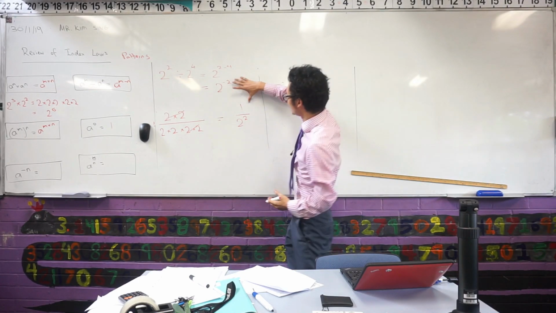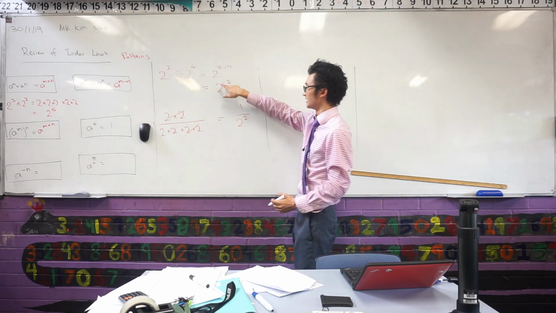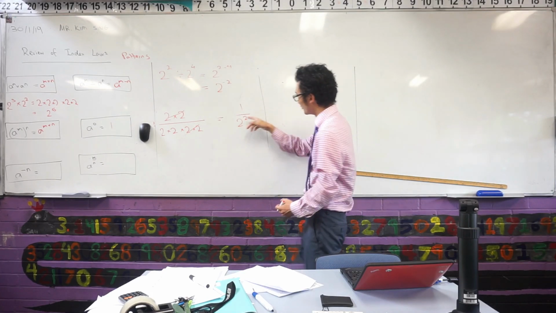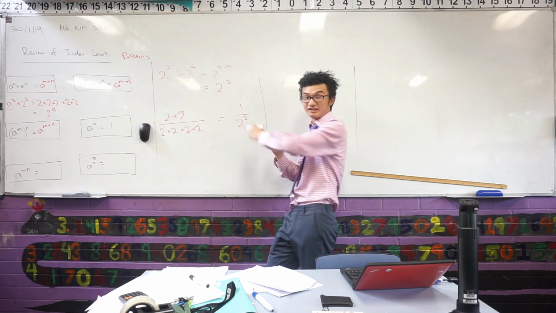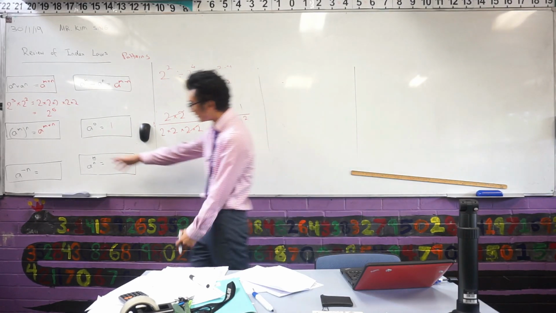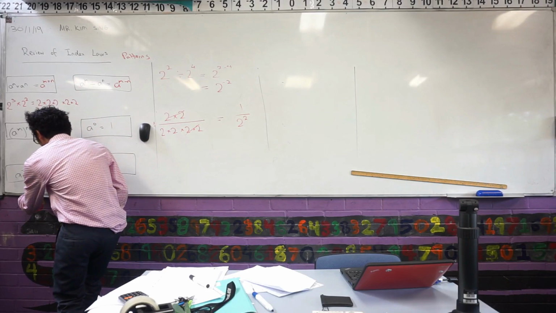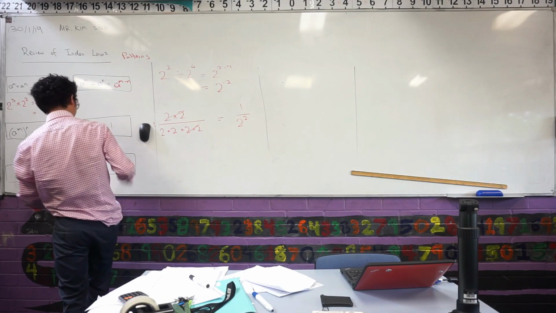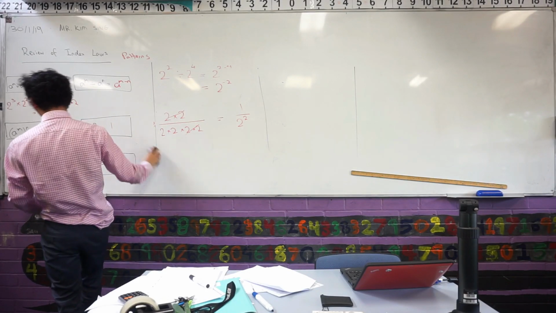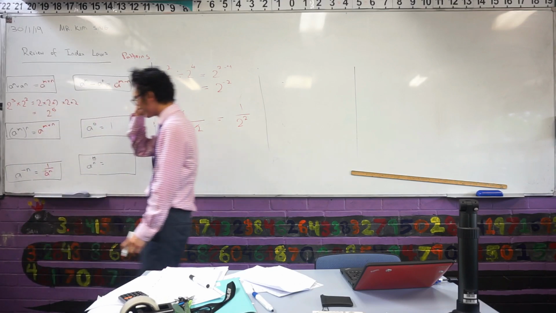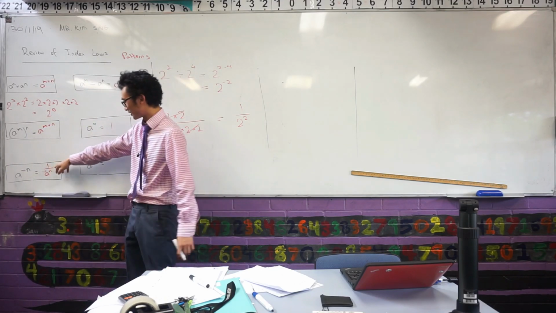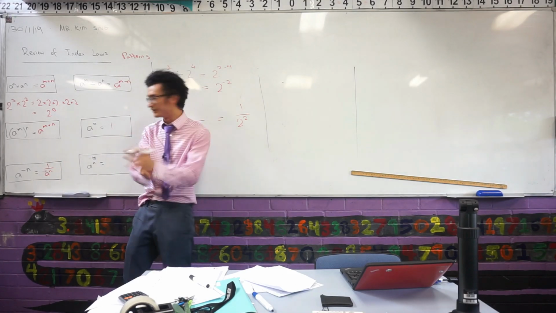So when we see these patterns here, I can see that there's a negative coefficient here. But if I rewrite that, I can see it's on the denominator now, but the index is positive. So if I have a to the power negative n, I can write that as 1 over a to the power n. So you can see we've introduced a fraction, and now that index is positive.